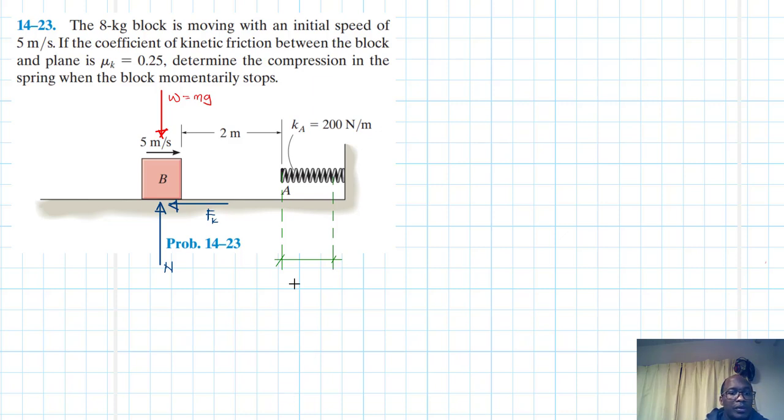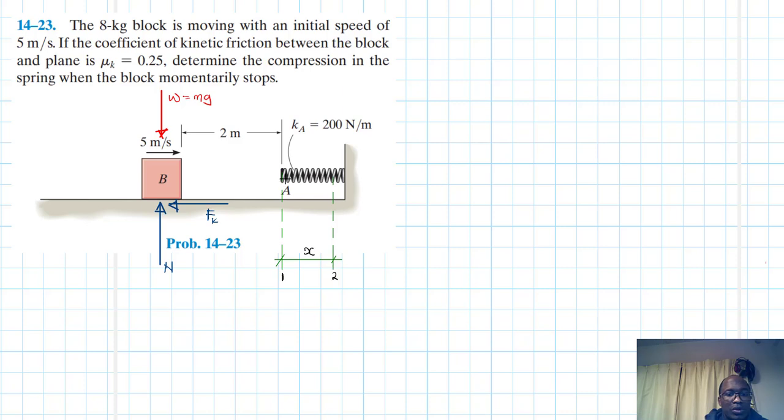Okay, and then let's say this is our point 1, this is our point 2. Let's call this x. We could have called it s if you want to. I'm just trying to avoid s because sometimes it looks like 5. You can call it s, you can call it x, you can call it any letter, no big deal.